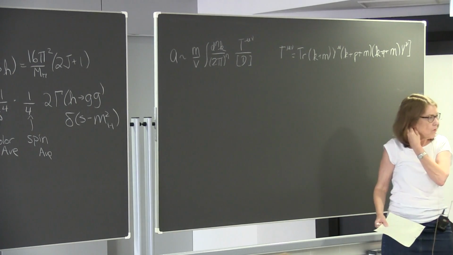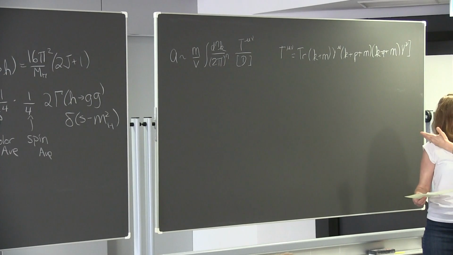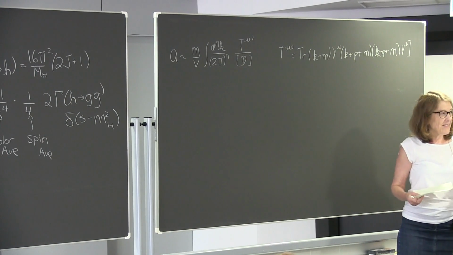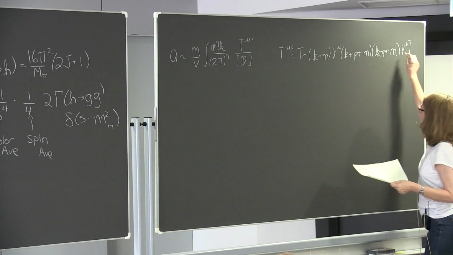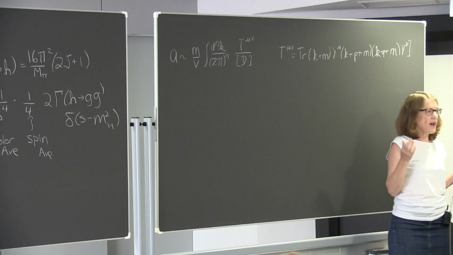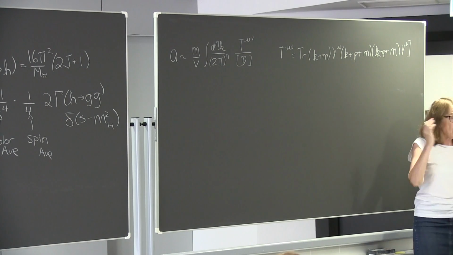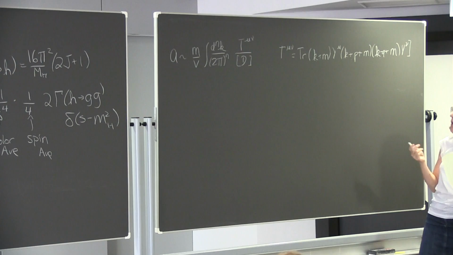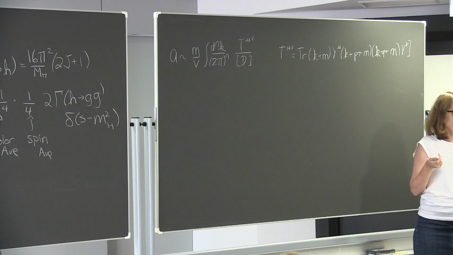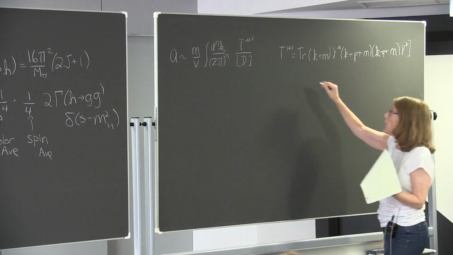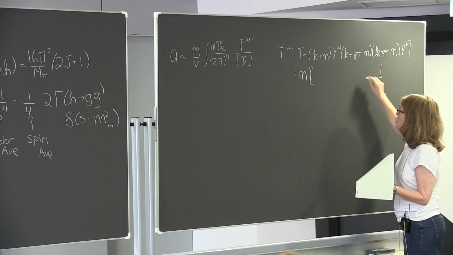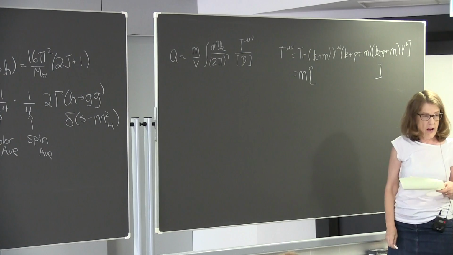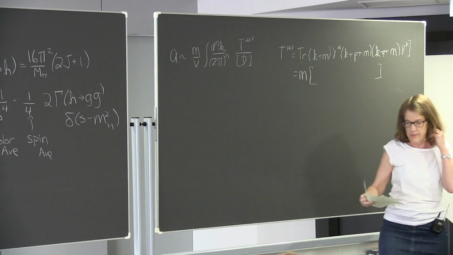How many gamma matrices are there in here? Come on, guys. You're taking the trace: 1, 2, 3, 4, 5. What's the trace of an odd number of gamma matrices? 0, right. So what's that tell you? Proportional to the top. Yeah, that tells you that this has got to be m times something or other. So only the terms with 4 guys come out, right?